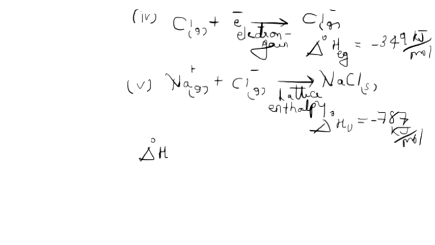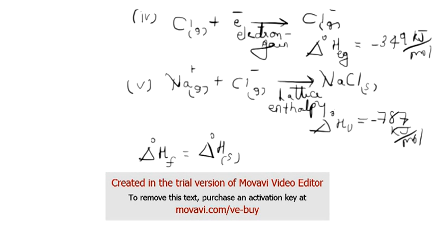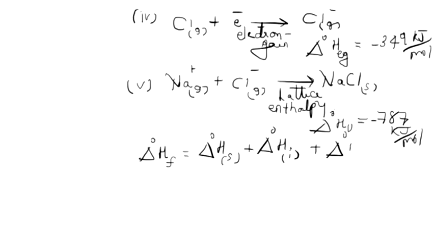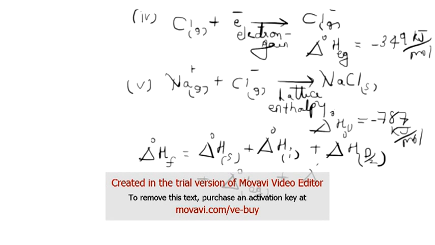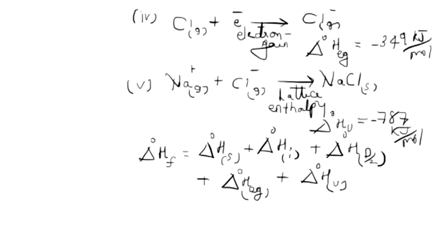Now, overall, the enthalpy of formation of NaCl, as per the Hess law, can be given as the sum of the enthalpy of sublimation plus enthalpy of ionization plus enthalpy of dissociation, and then the electron gain enthalpy, and then the lattice enthalpy. You know that most of these values can be evaluated experimentally. Even the enthalpy of formation can be evaluated experimentally.